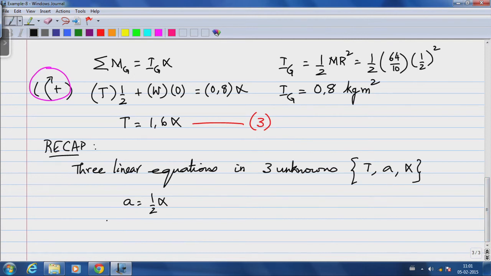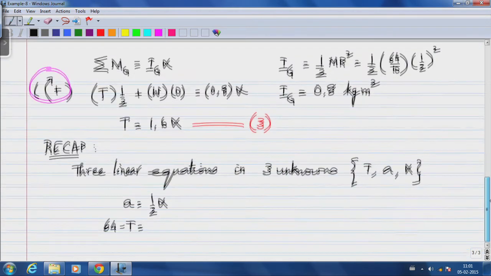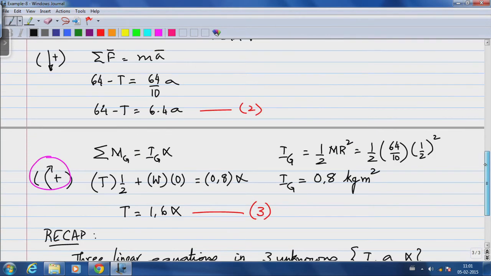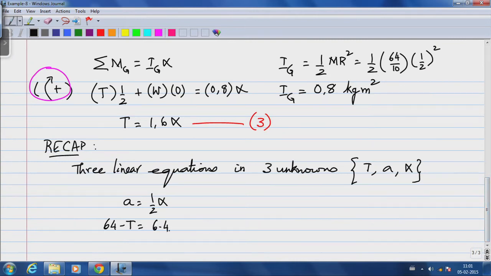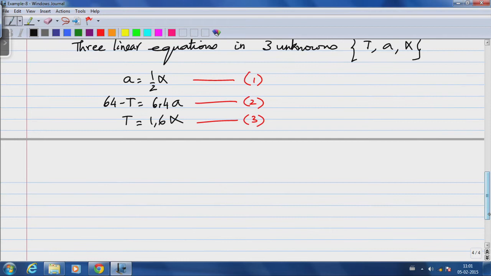These are the 3 equations, 64 minus T, so I will substitute 1 into 2.